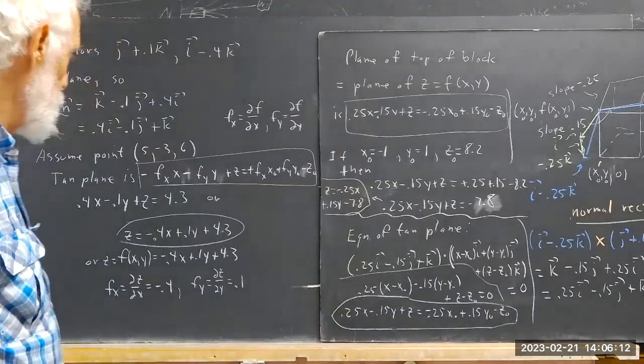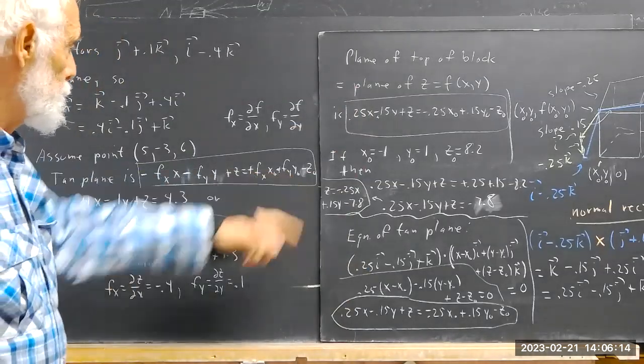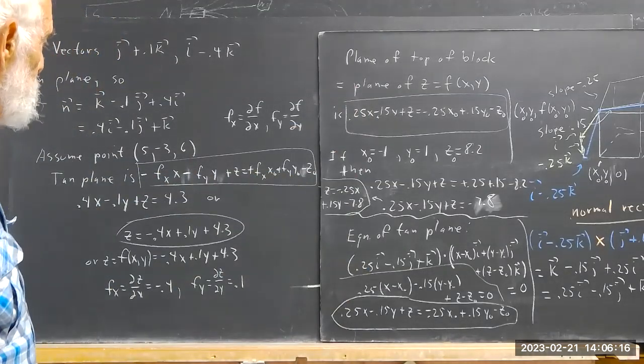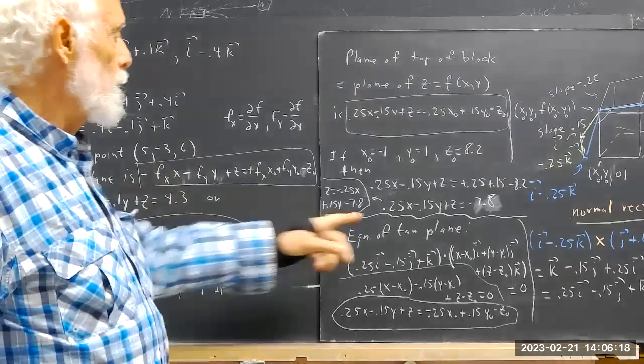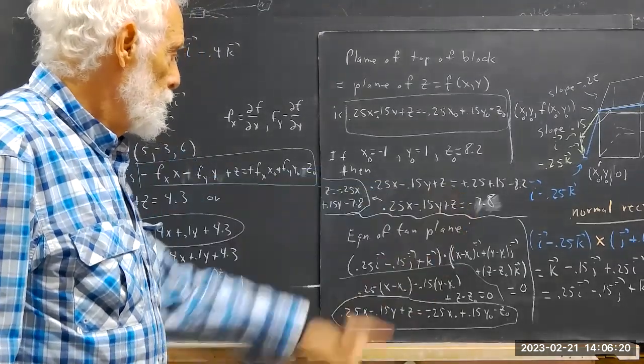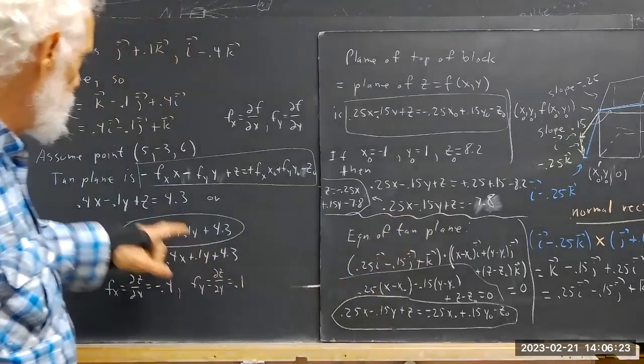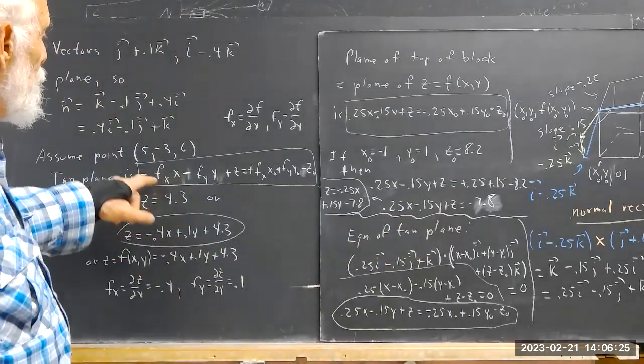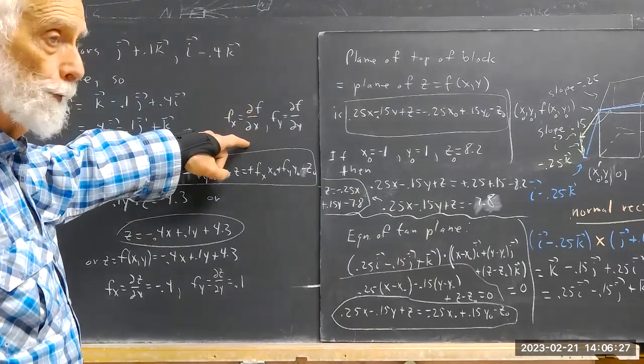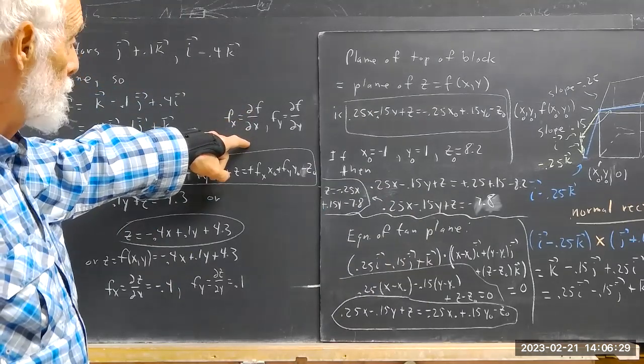Same model we used over here. So I've got a little extra notation on here. You can compare with the result we got over here. We got a 0.25x that corresponds to negative fx x. Fx being the partial of f with respect to x at the corner point.